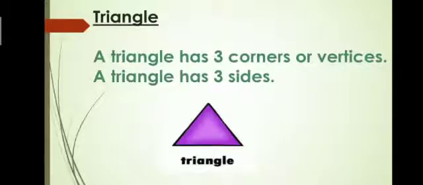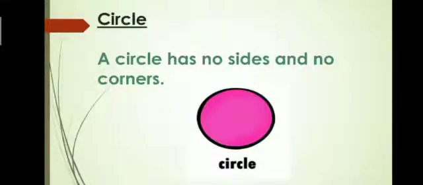Students, this is a triangle. A triangle has 3 corners and 3 sides. Students, this is a circle. A circle has no sides and no corners.